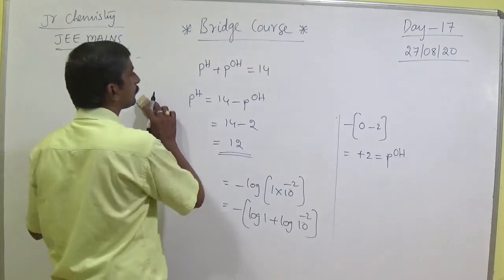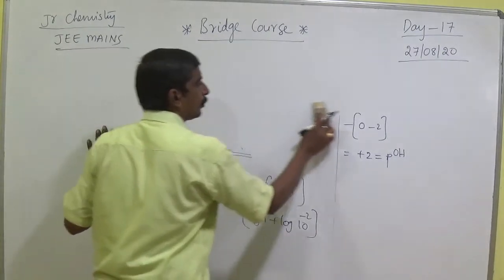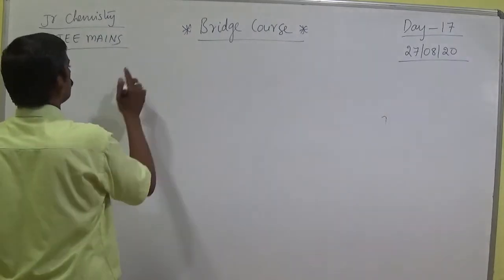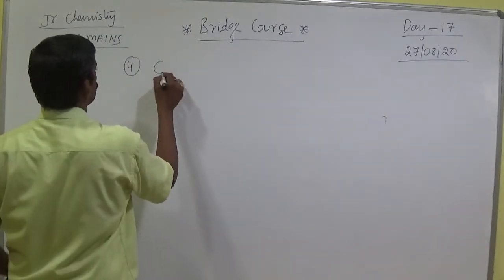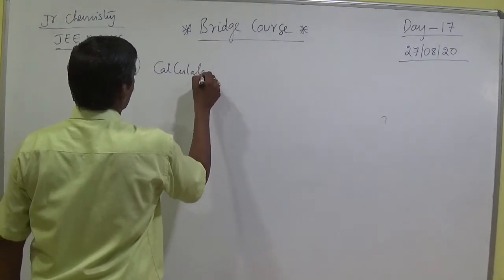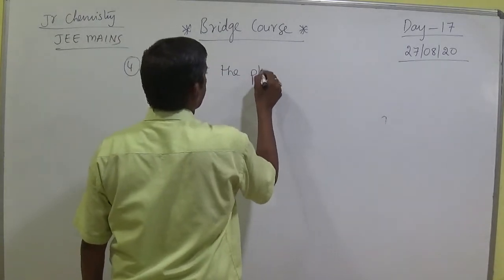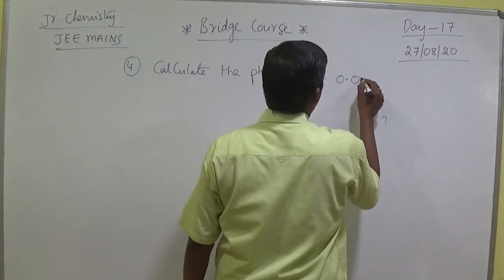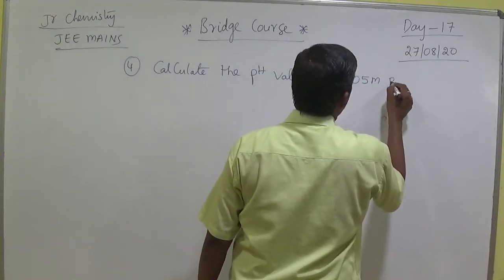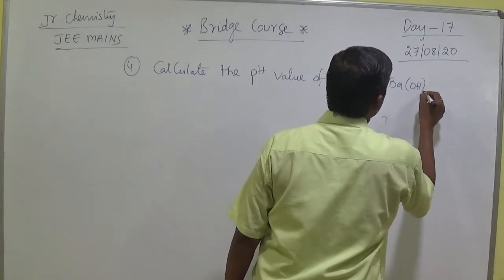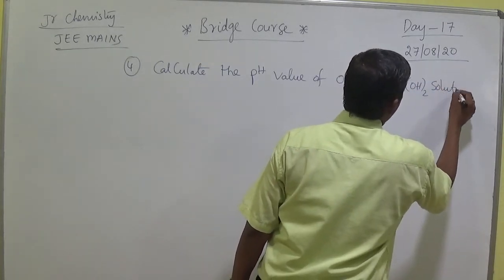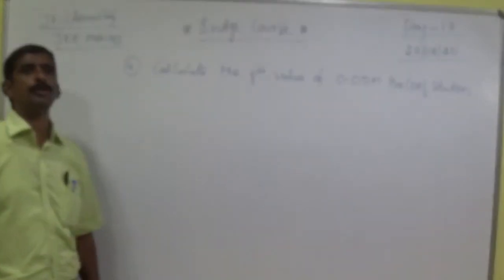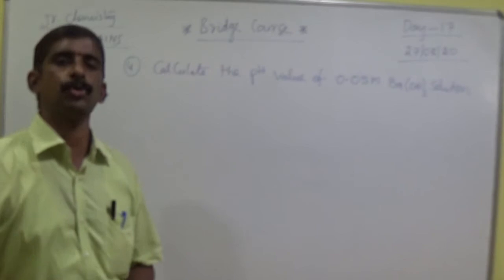And another, fourth problem: calculate the pH value of 0.05 molar barium hydroxide solution.